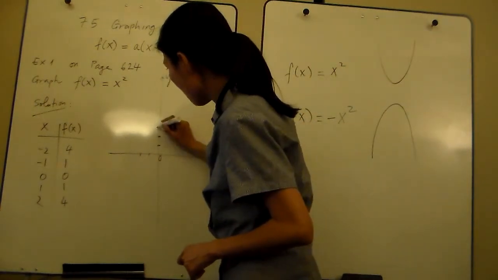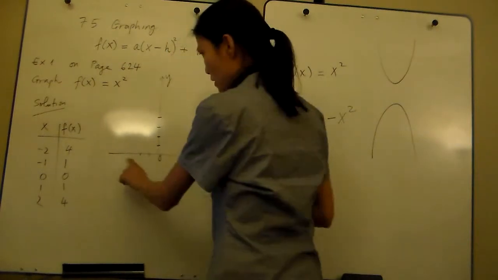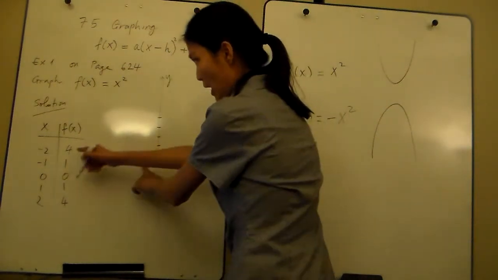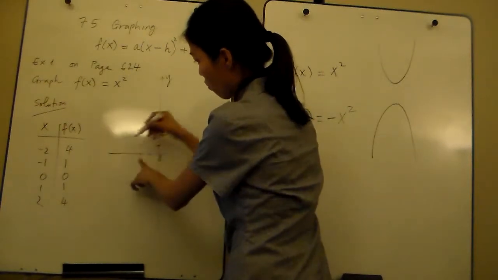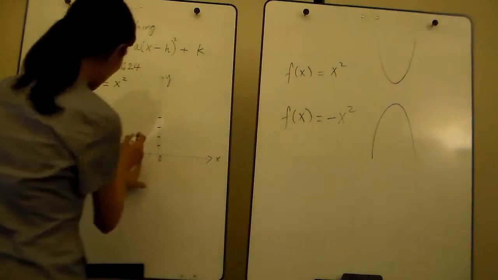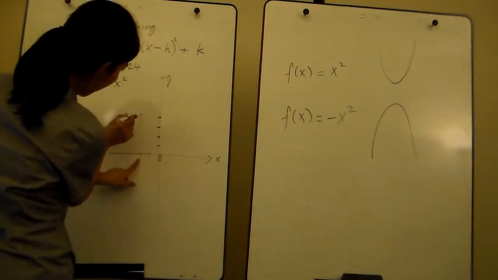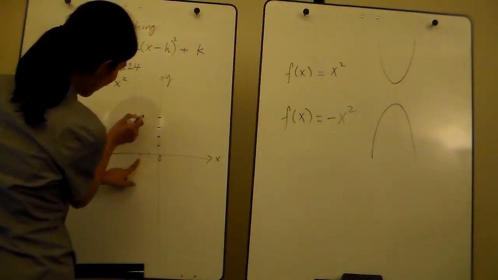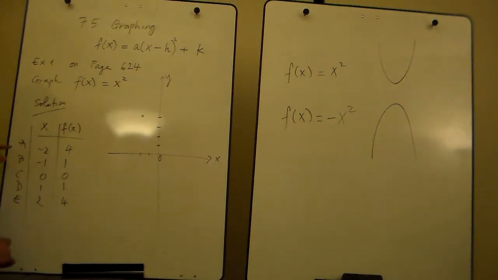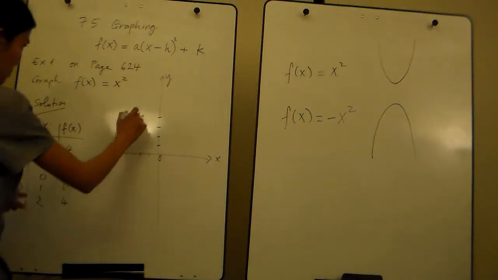When x equals -2, you go left 2 units, and the corresponding y is 4, positive, so you go up 4 units, somewhere here. And we can label the points, point A, point B, point C, point D, point E. We can label this point as A.